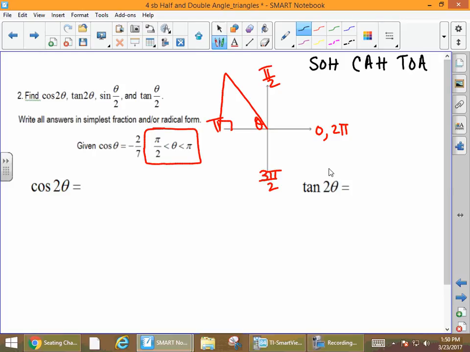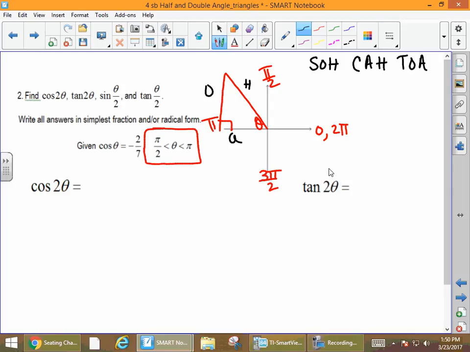So when we fill this in, or we look a little bit more closely here at this, what we've got is across from our right angle is the hypotenuse. And across from our angle is the opposite. So our x-axis part of the triangle is our adjacent.